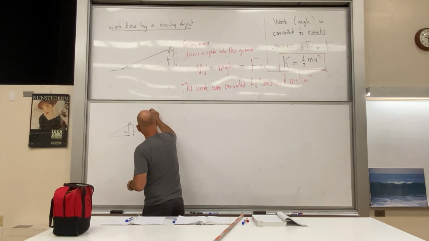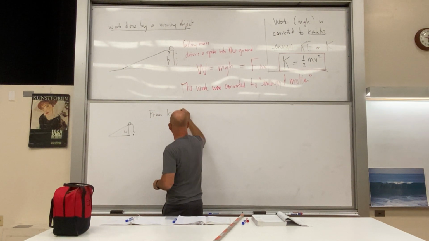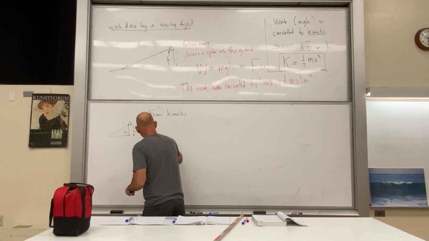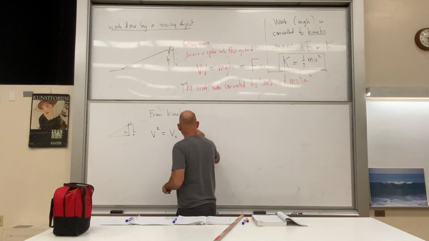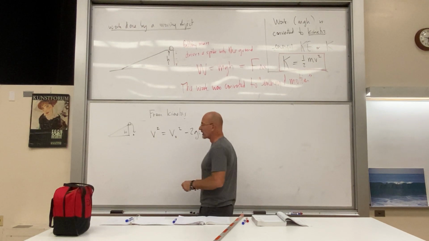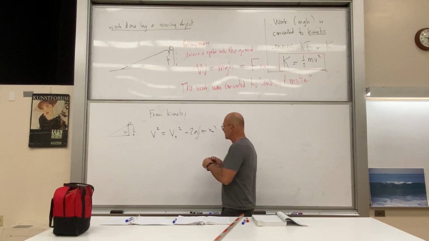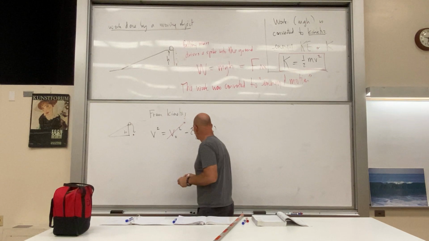We have from kinematics, v squared equals v0 squared minus 2g (x minus x0). Okay. Just our kinematic formula, we're going to release it from rest, okay?